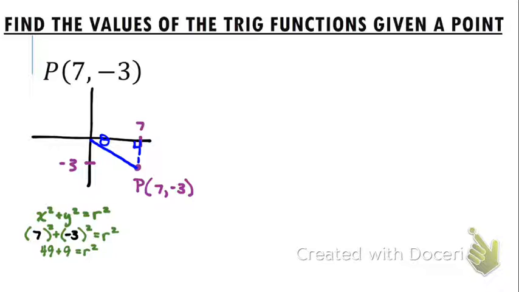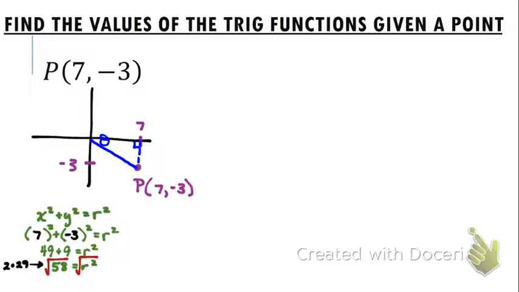When I add 49 and 9 together, 58 equals r squared. Then we take the square root of both sides. Can I simplify square root of 58 at all? I know 2 goes into it, right? It's 2 times what? 2 times 29.